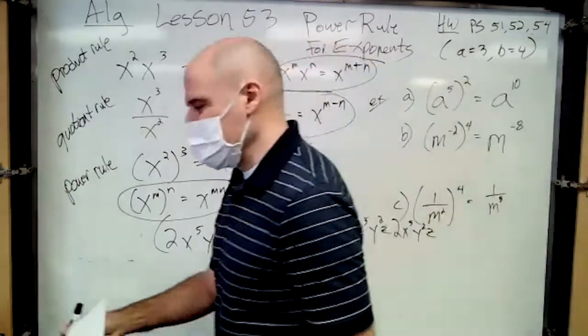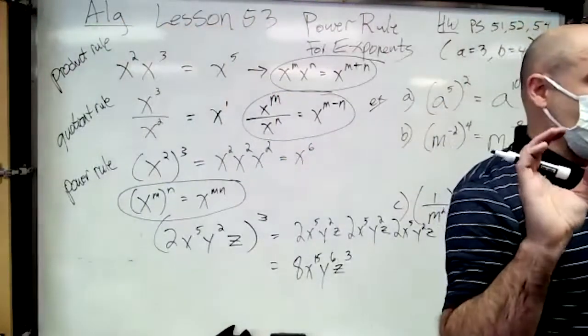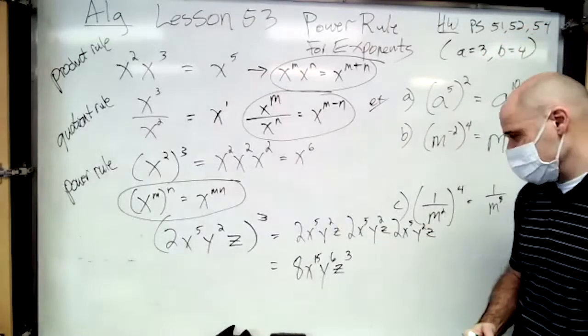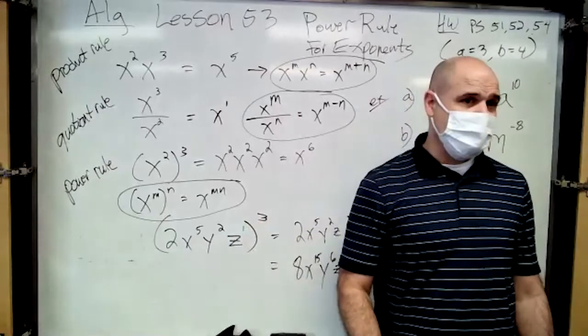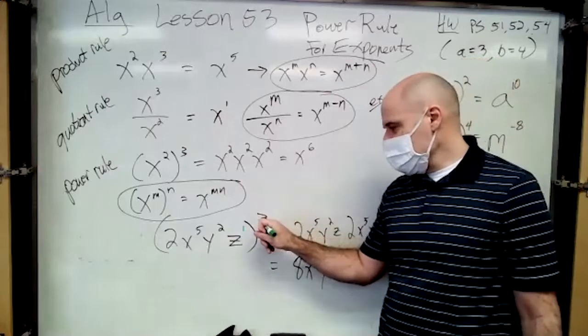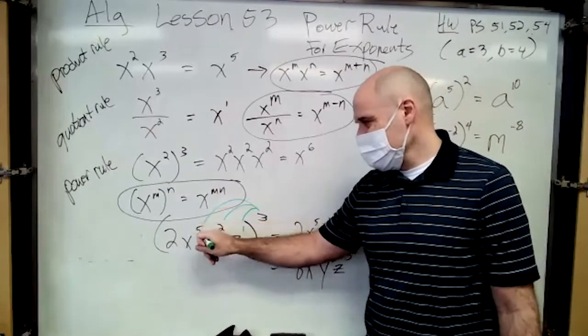Okay, so look what we did here. We kind of did this distributive property of exponents, which doesn't really exist. So don't tell all your friends that there's a distributive property of exponents. They'll laugh at you, okay? So really what we're doing is we're multiplying that exponent by all of the exponents, including this one.